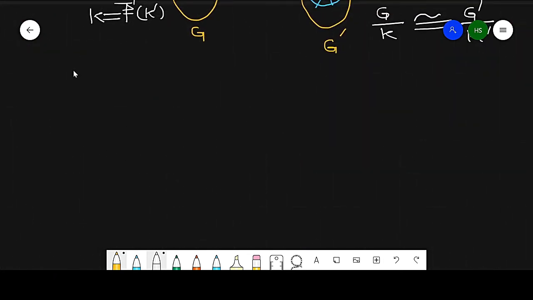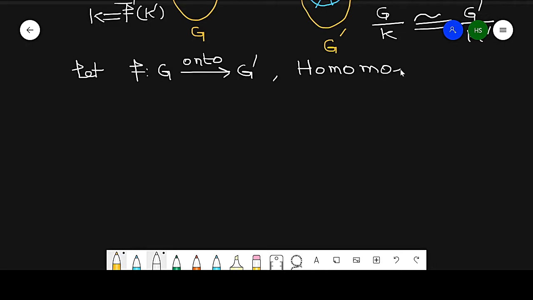Now first, what is given: f mapping from G to G dash is onto and a homomorphism. So this is my first step.